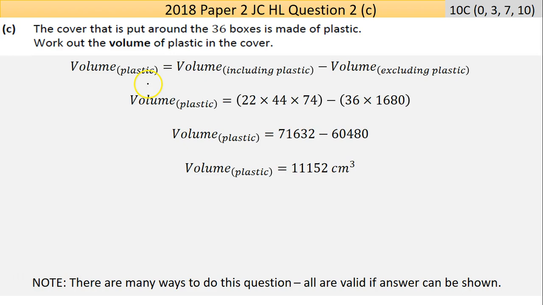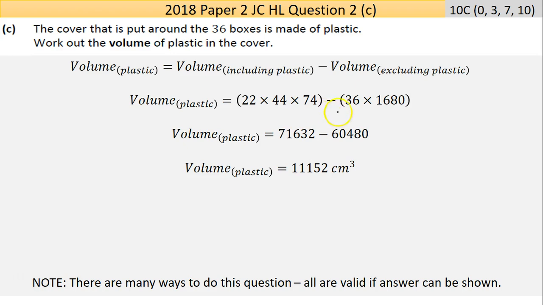So the volume of plastic, you can calculate that by getting the volume of the entire shape, with the plastic, and taking away the volume of the boxes, and that leaves the plastic. So now, how do we do that? As I said a second ago, the volume of the entire shape is 22 times 44 times 74.